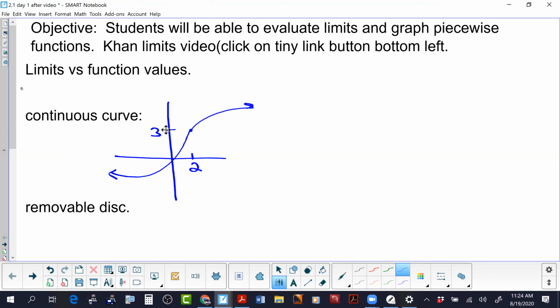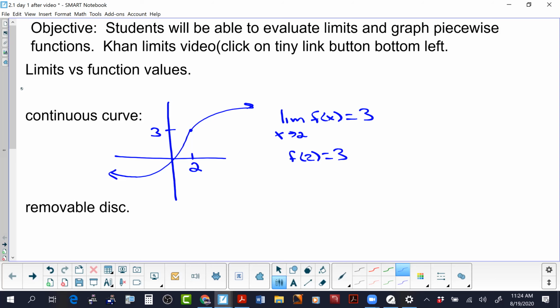You say that the limit as x approaches 2 of f of x is equal to 3, and not only is the function approaching that point, when it gets there, it's actually 3. So on a calculus test, that's how you prove continuity.